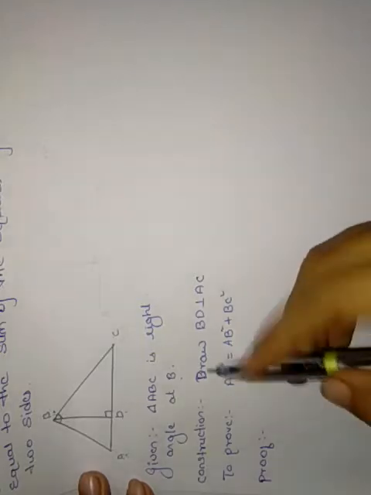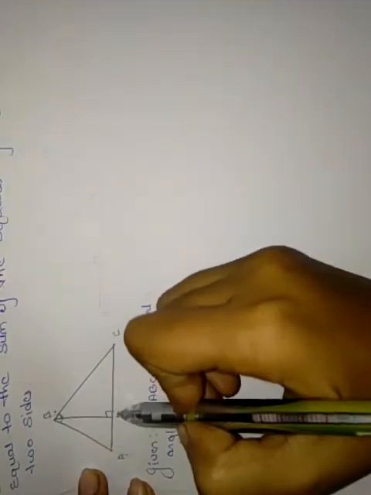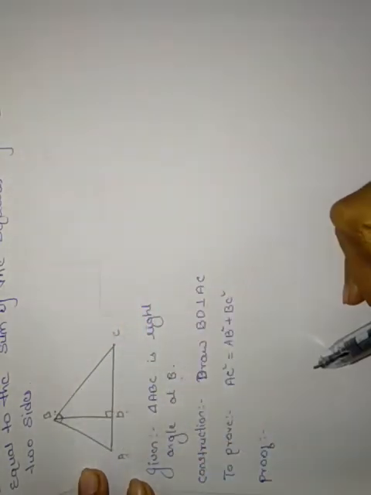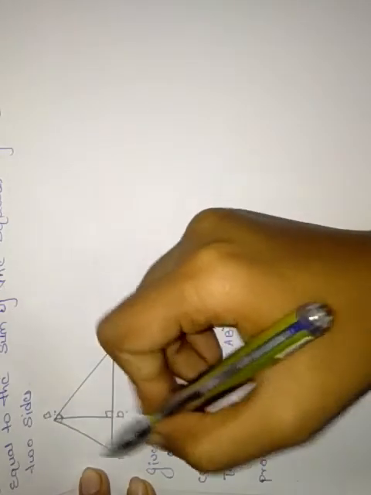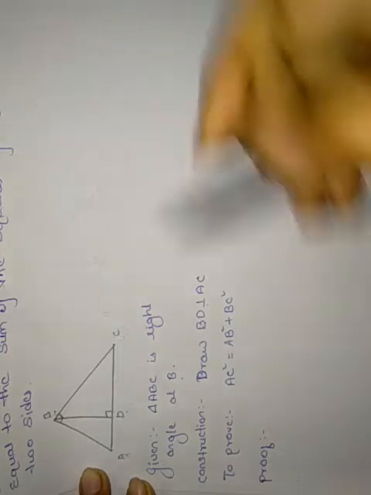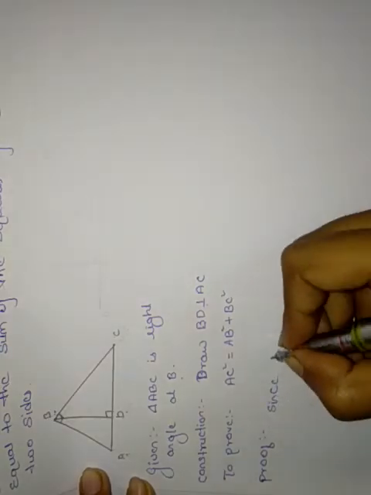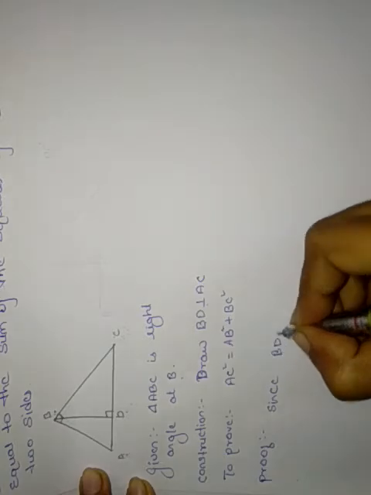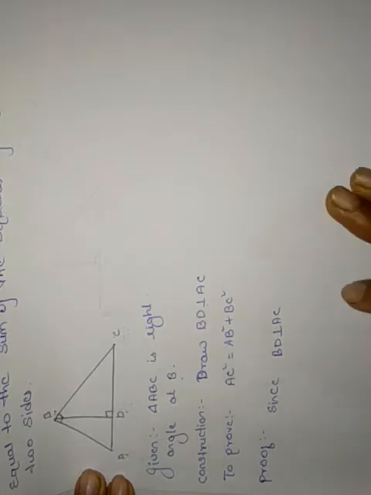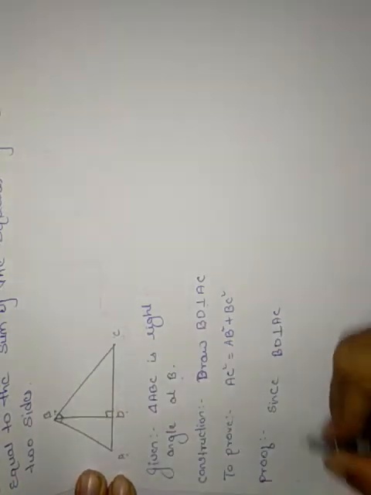Here we know that BD is perpendicular to AC, right? If BD is perpendicular to AC, it means the obtained two triangles will be similar to each other, and also each obtained triangle will be similar to the big triangle, isn't it? So we'll write here, since BD is perpendicular to AC, now we'll compare one small triangle and the big triangle.